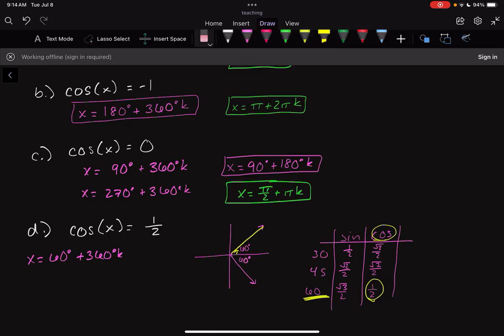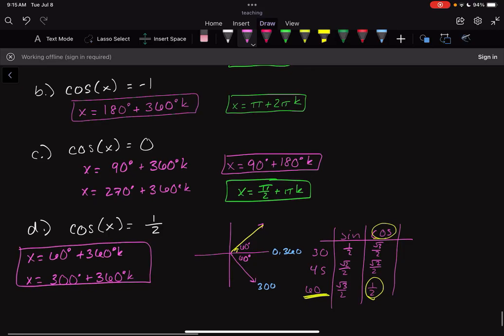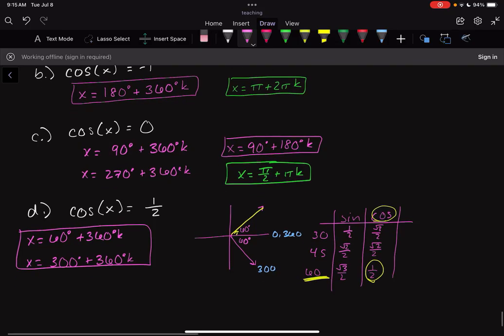And then for quadrant 4, this is 0 or 360. 360 minus 60 would be 300. So my other answer for this is x equals 300, again, plus 360k. And those are my two answers.